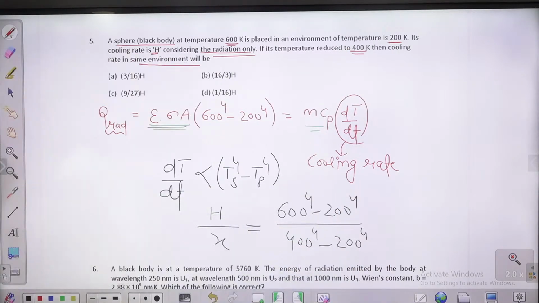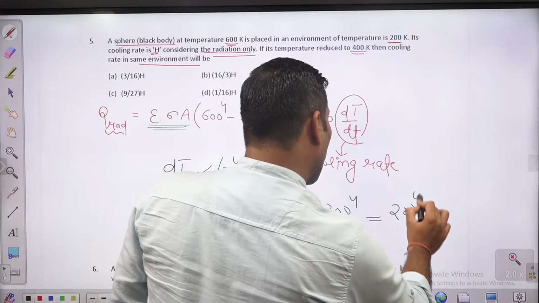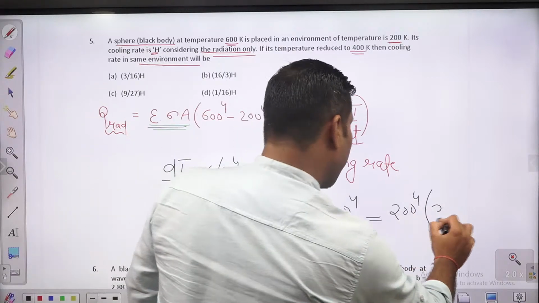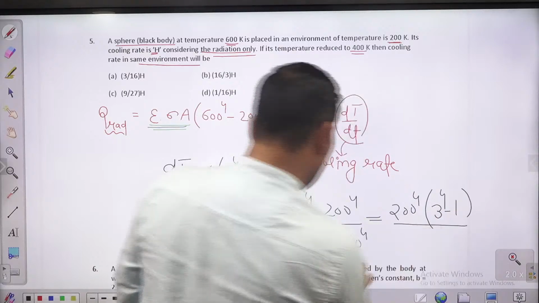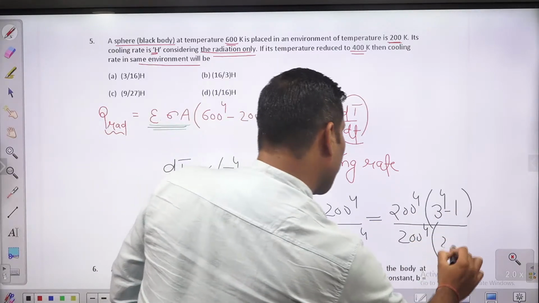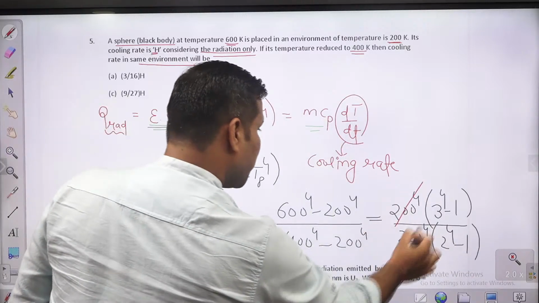Are you getting, guys? Okay. So solving this, what you will get if you take 200 की power 4 common. अगर आप इसको common ले लेते हैं, what you will get inside? You will get 3 की power 4 minus 1. Again, if you take 200 की power 4 common, what you will get? You will get 2 की power 4 minus 1. Okay, so this will cancel out.